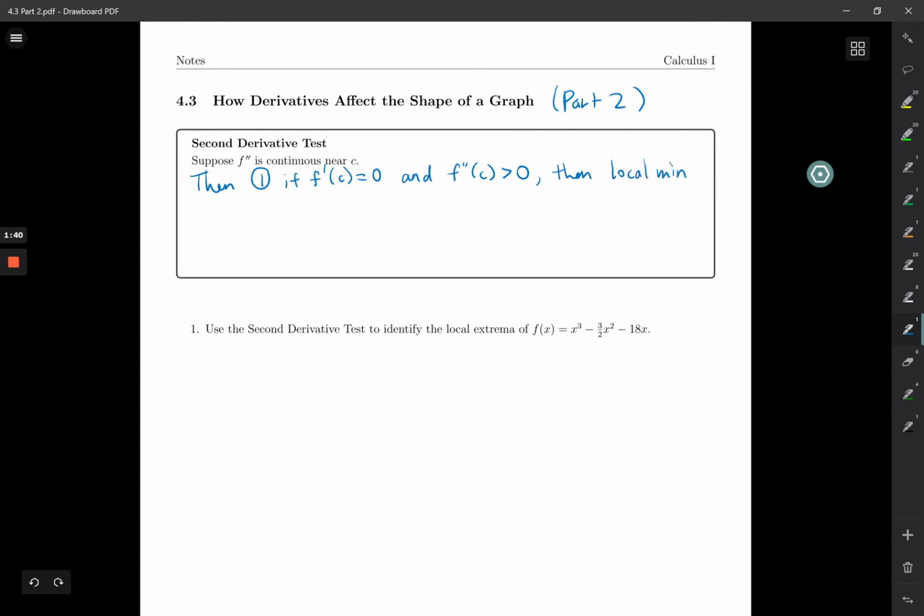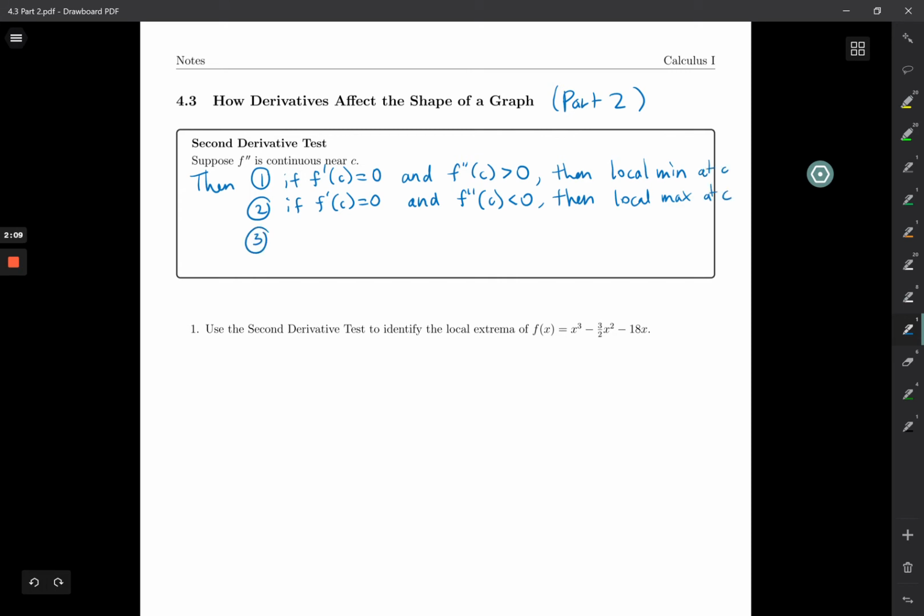If the derivative is 0 and the second derivative at c is less than 0, then we get a local max. I should probably say at c, at that particular point.